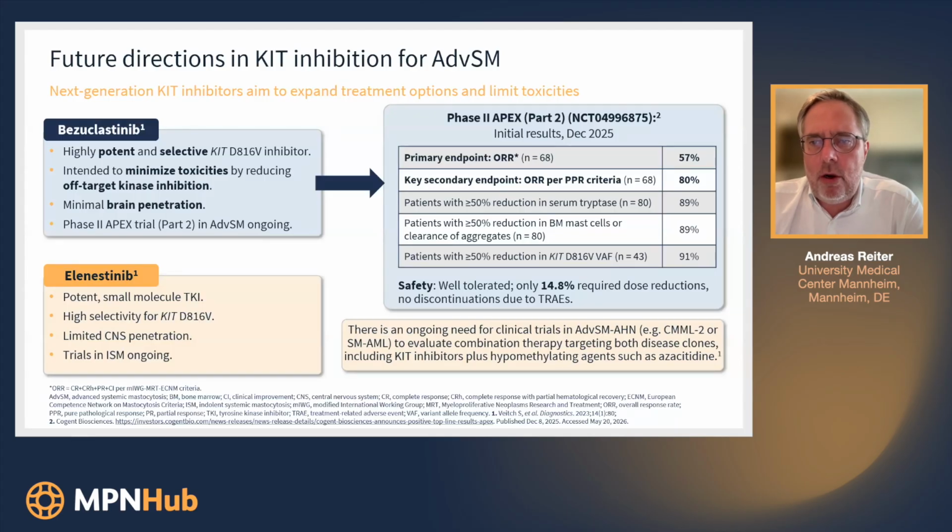Overall, very well tolerated, and only 15% of patients required dose reductions. And elenestinib is a drug which was in clinical trials in advanced systemic mastocytosis, but these trials were paused, and it is currently under investigation in indolent systemic mastocytosis.